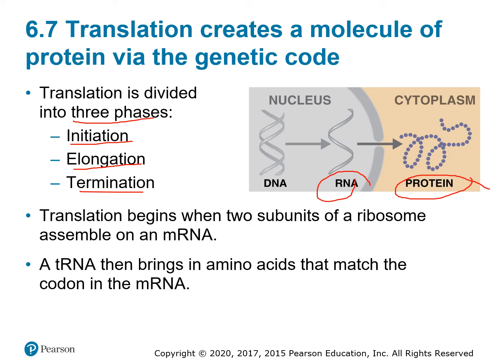And translation begins when those 2 subunits of a ribosome assemble on an mRNA. And then what happens is the tRNA then brings in the proper amino acid to match the codon, because remember that the codon on the mRNA has to complementary base pair with the anticodon on the tRNA. And that's going to bring in the proper amino acid.